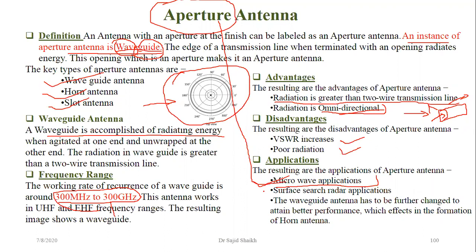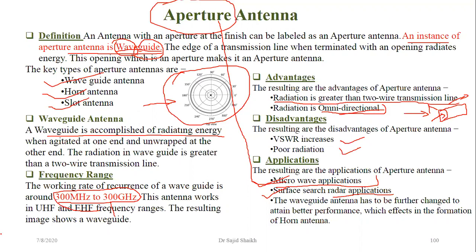Second, such types of antennas are also used in some radar applications. Radar application is normally used in military applications or some marine applications, to find out the location of a ship or aircraft.